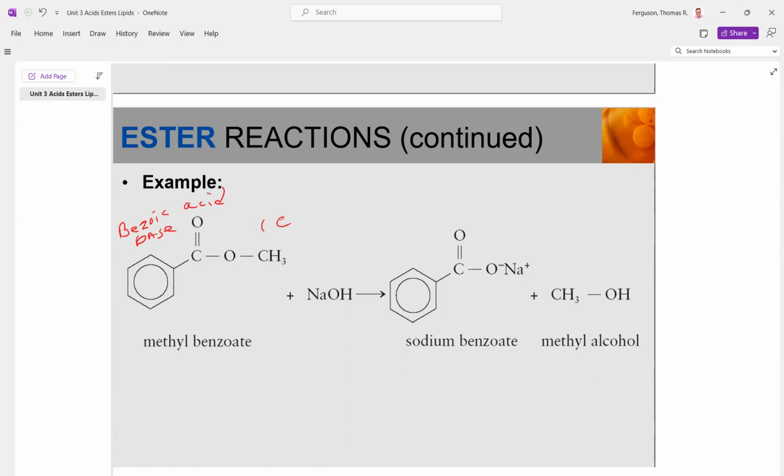So we end up with, again, pH is greater than 7. We end up with the acid salt, sodium benzoate, because we started with sodium hydroxide, and then the alcohol.